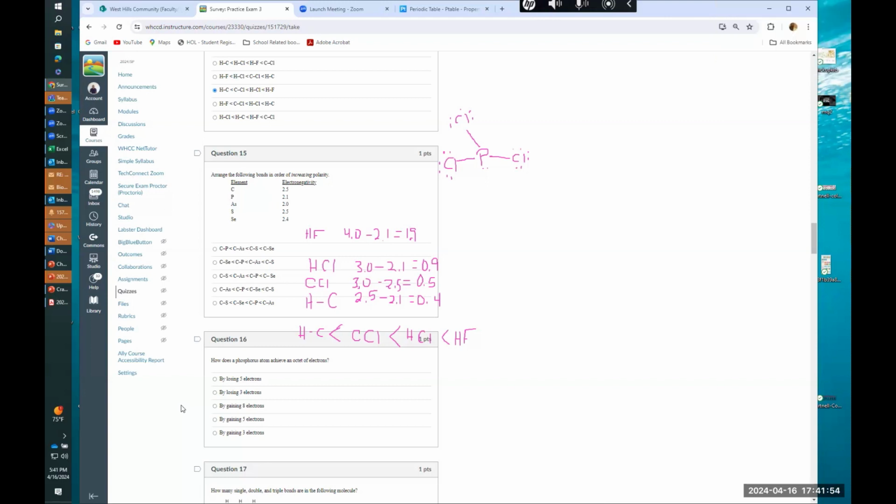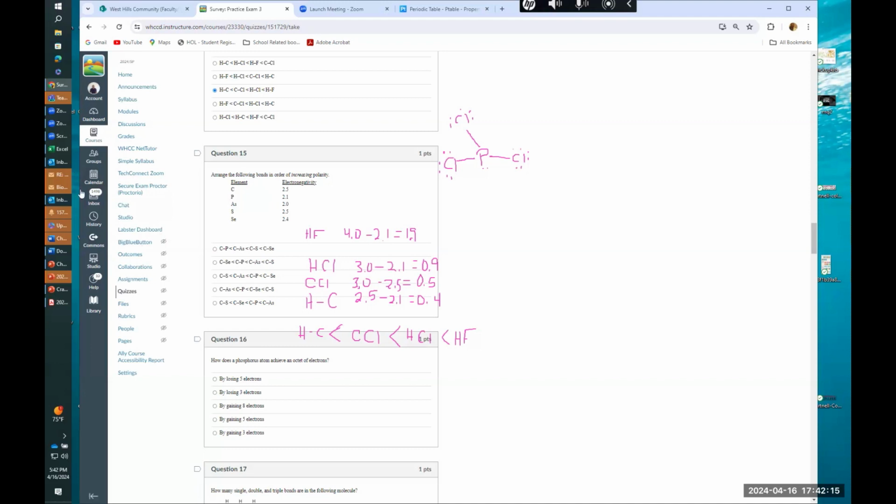How does a phosphorus atom achieve an octet of electrons? Where is it at? Oh, you're ahead, number 15. Sorry. Similar question as the last one: arrange the following bonds in order of increasing polarity.